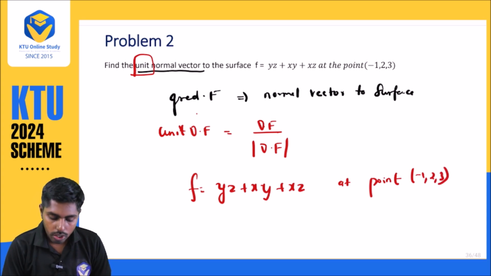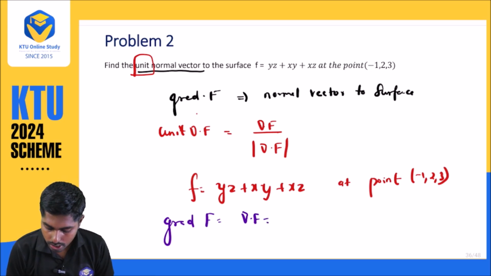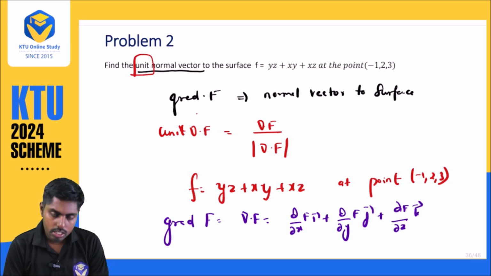Okay, what do we want to identify? Grad f we want to identify. So grad f is nothing but del f. Del f is nothing but dou by dou x of f i vector plus dou by dou y of f j vector plus dou f by dou z of k vector. Just substitute.